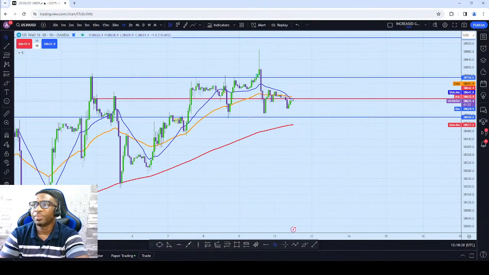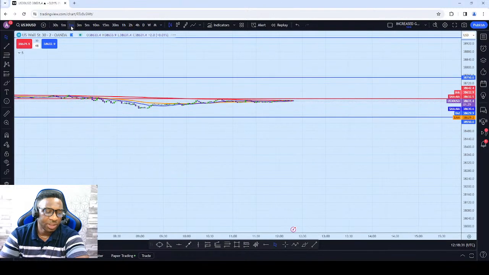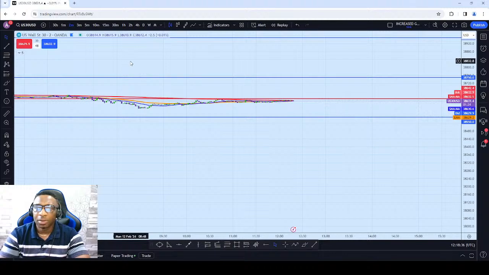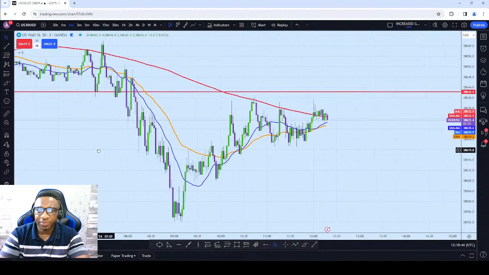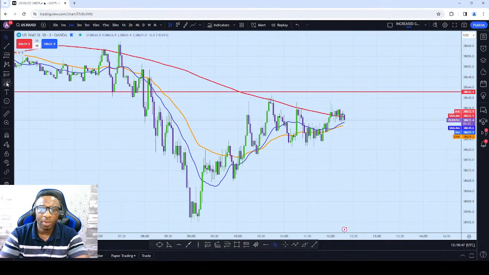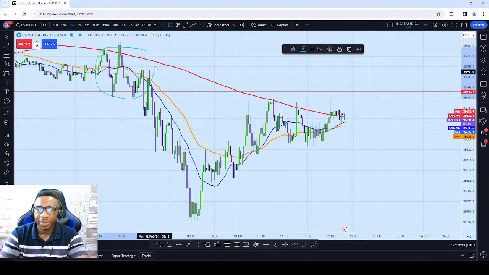So over here, when we go back to the 2 minutes time frame, we can see that price was in the narrow state from here, where the blue line, the yellow line, the red line were all close together, and then it went into a wide state at this level.